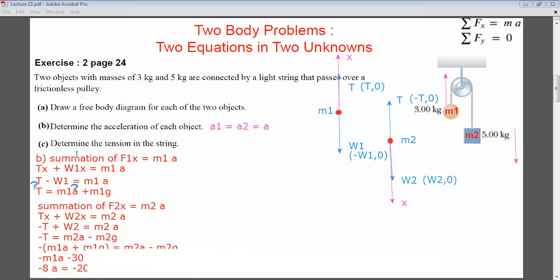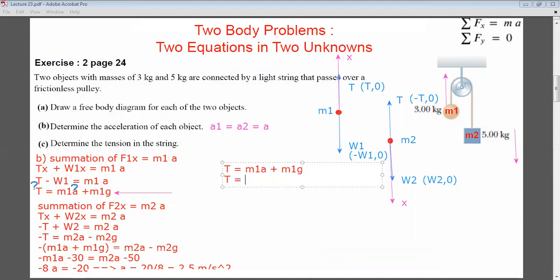Now the question is to get the tension. I will just go to this equation over here, which is tension is equal to M1A plus M1G.